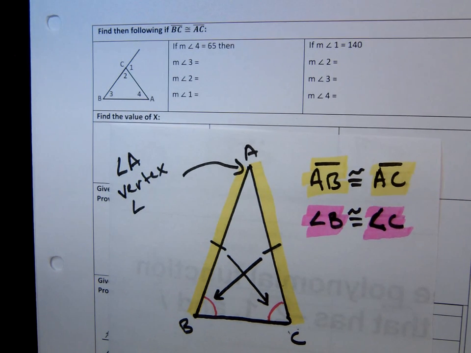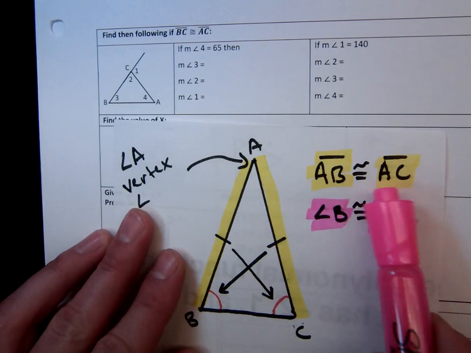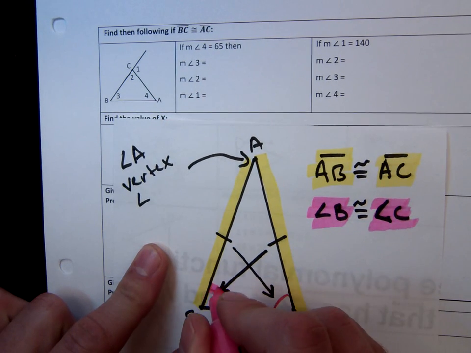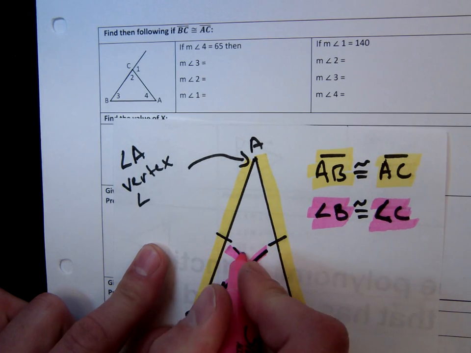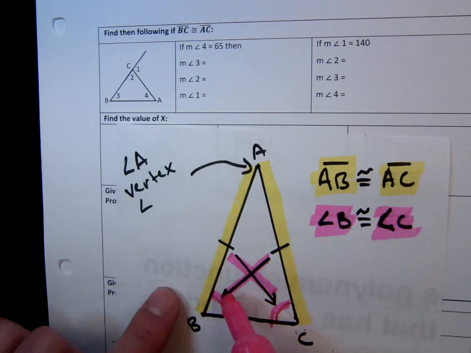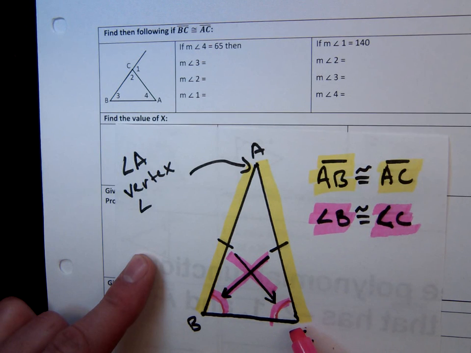Now that might be important if I want to use particular parts of my theorems and information that I got on the first page of the notes. The other detail that's important here is that if those two sides are congruent, then the angles opposite of them, so in this case, AC is opposite angle B, and that is that AC does not in any way touch or form angle B. Angle B is formed by AB and BC.